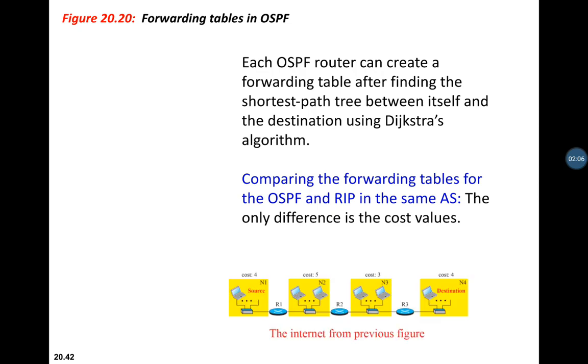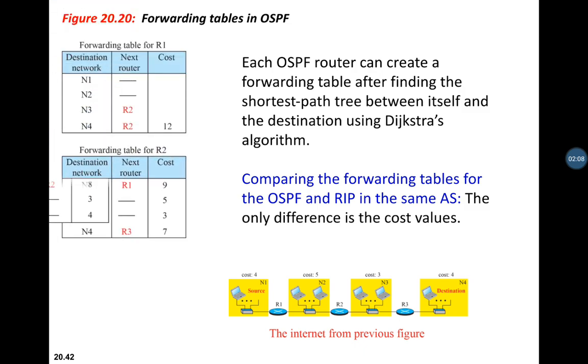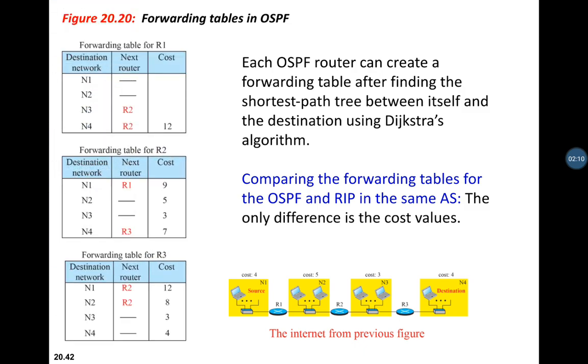Next, we will see the forwarding tables in Open Shortest Path First. Each OSPF router creates a forwarding table after finding the shortest path tree between itself and the destination using the link state routing algorithm, also known as Dijkstra's algorithm.